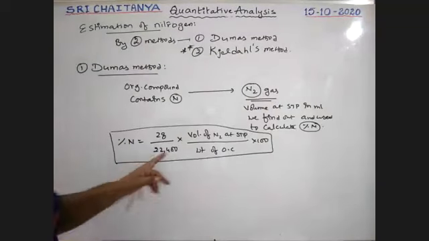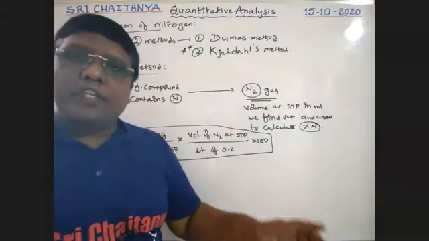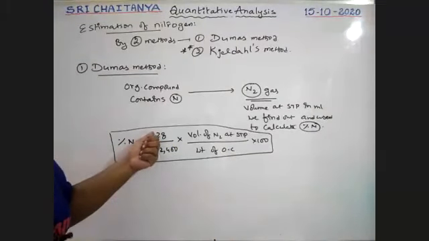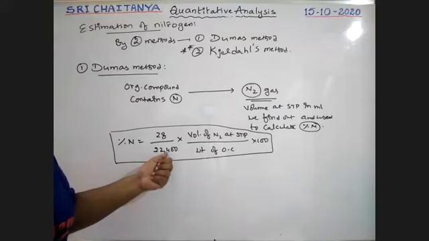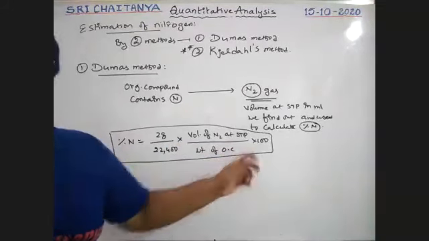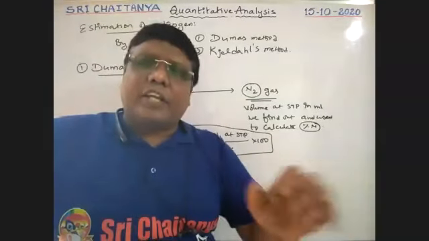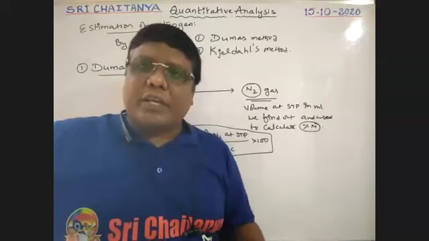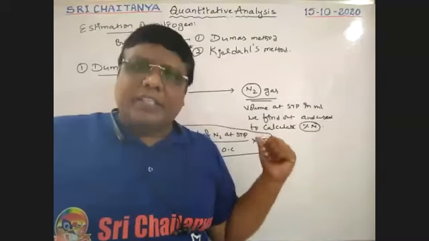So this is the formula used to calculate percentage of nitrogen in Dumas method. This formula we already used in the calculation of empirical formulas, for finding the nitrogen percentage.